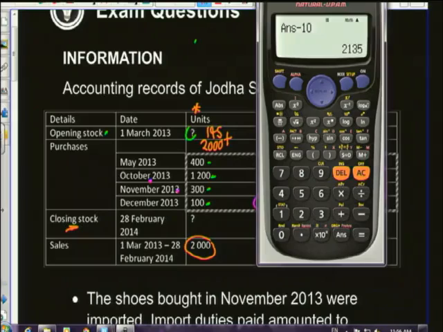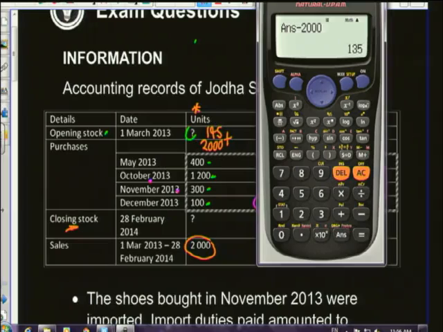How many pairs were sold? If we go to the bottom of the table, sales, we've sold 2,000 units. Remember, we're trying to calculate how many pairs were not sold. What was the closing stock units? If I subtract my 2,000, the number of shoes that were not sold at the end of the financial year is 135 pairs.